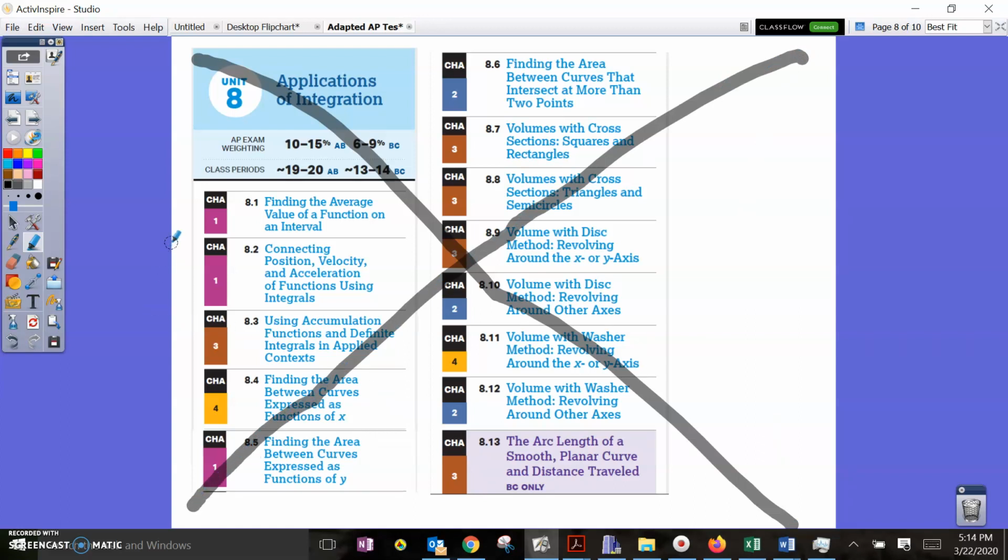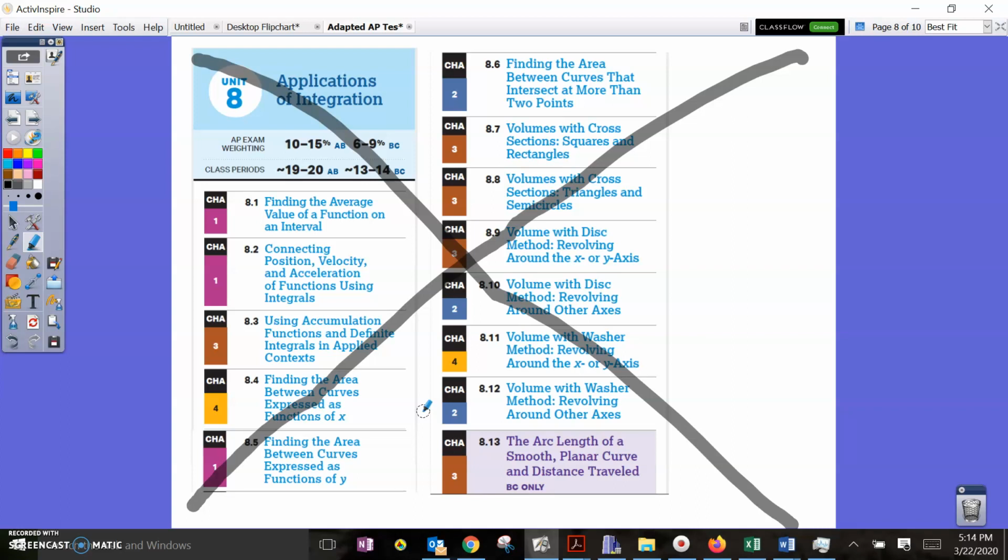So that gets rid of finding average value, relationships involving position, velocity, and acceleration that require integrals, applied contexts of accumulation functions, area between curves in terms of x, area between curves in terms of y, area between curves with multiple intersection points, cross-sectional solids, and solids of revolution. None of the concepts in this unit are going to be tested on this year's AP exam.